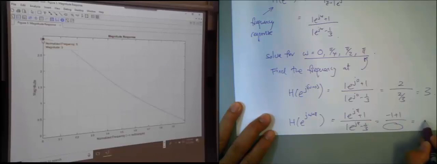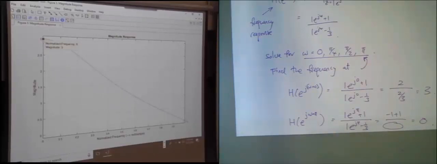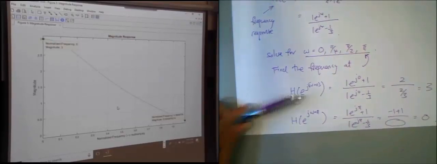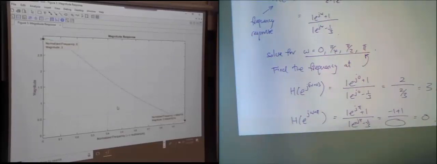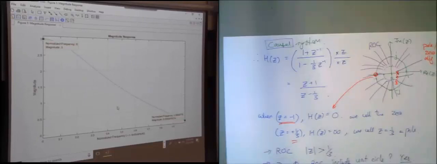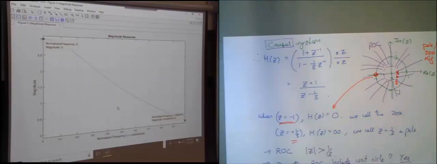The answer is 0. Very good. And can you see it reaches 0? So for any numbers in between, all you need to do is substitute this. It's wonderful, isn't it? What was very complicated to do with the discrete-time Fourier transform looks very simple now, by simply substituting z equals e^jω.